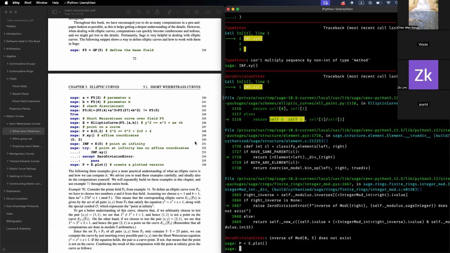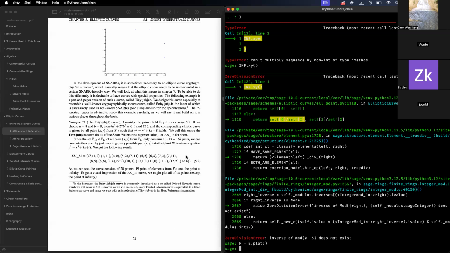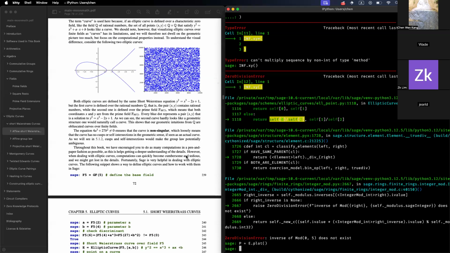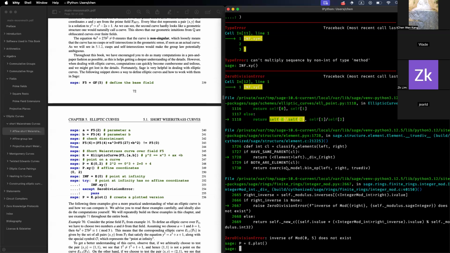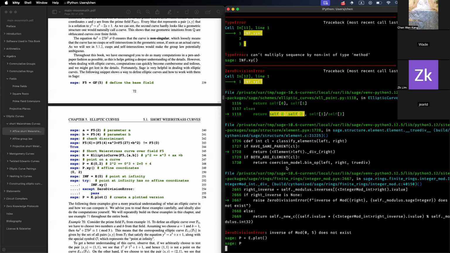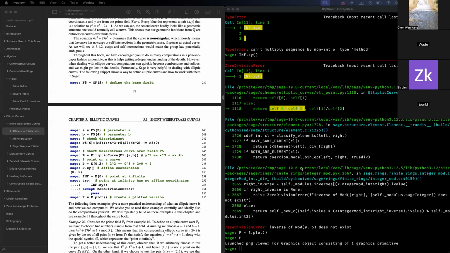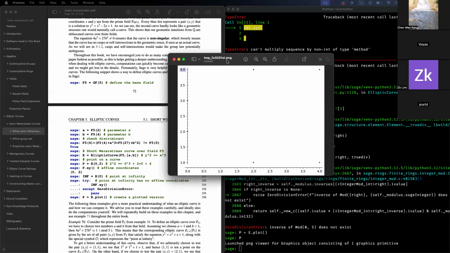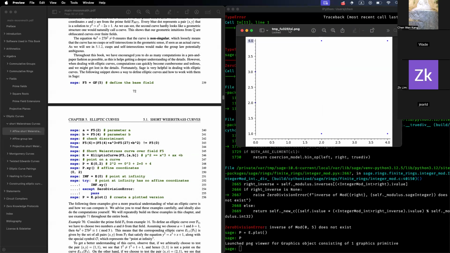It should pop up, but it's not popping up. I think I probably didn't set it up correctly. Unfortunate. Anyways, let me just do P. Oh yeah, I can. There you go. Ta-da.